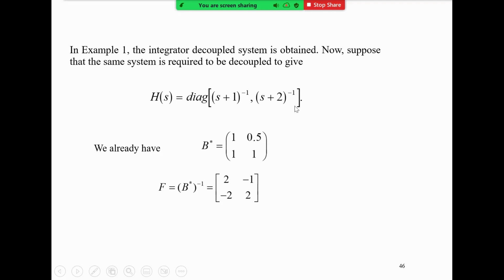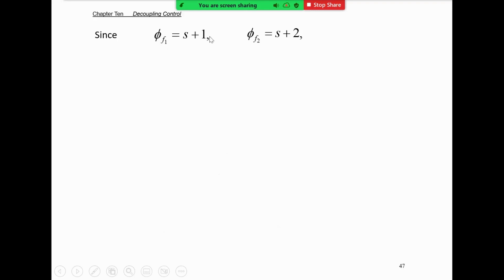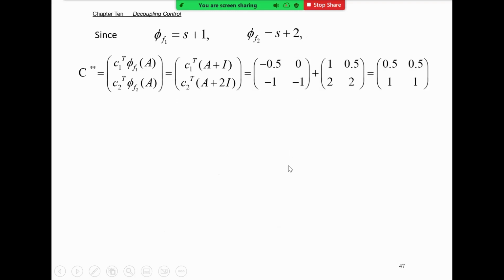If this is a requirement, according to Theorem 2, we still keep the same B star. We only need to compute the C star in a different way. Because this is the desired polynomial, it is no longer s. We have s plus 1 and s plus 2. That will change the way to compute the C star.